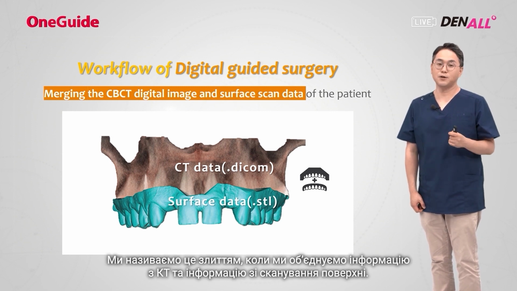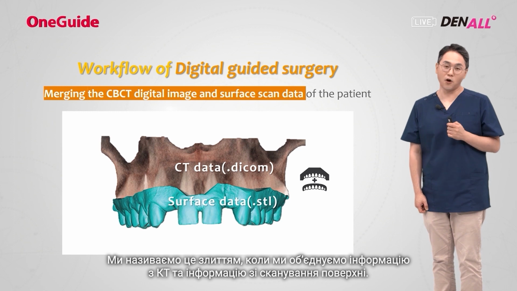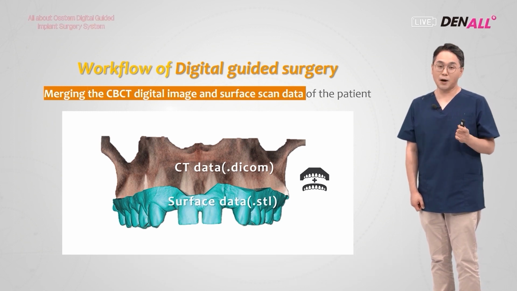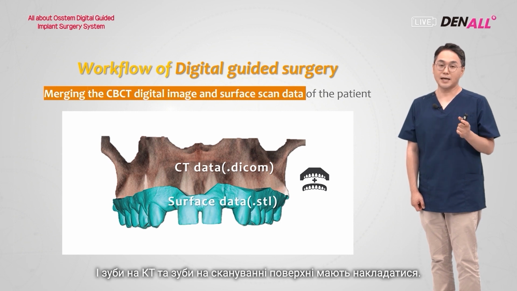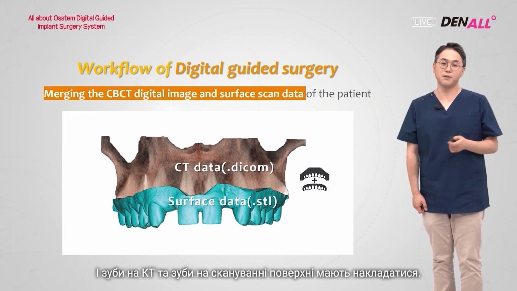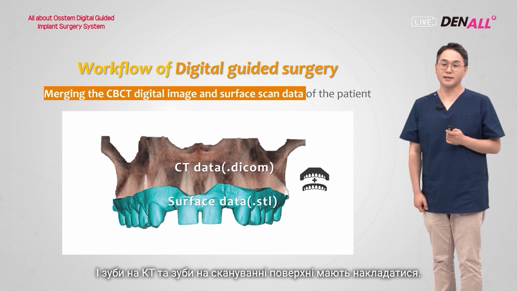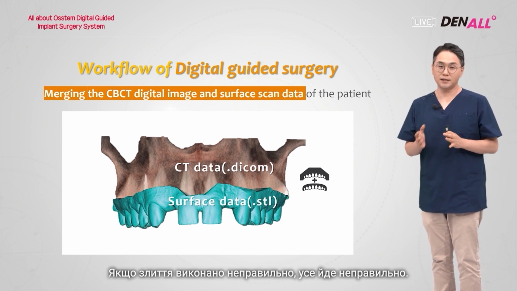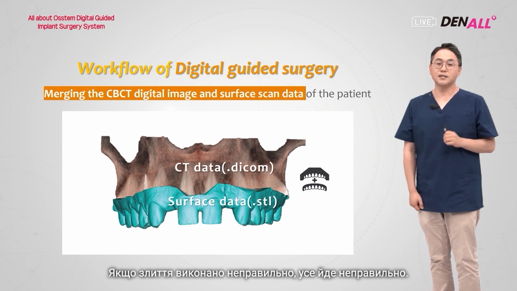We call it merging when we merge the CT and surface scan data. The teeth on CT and the teeth on surface scan are superimposed. Merging is very important. If merging is done wrong, everything goes wrong.